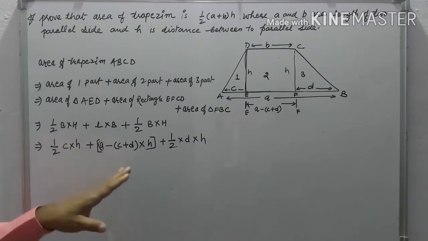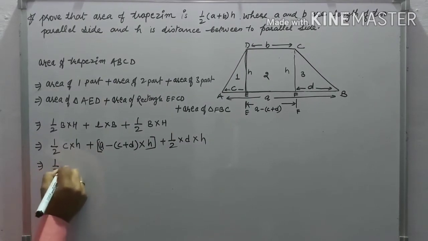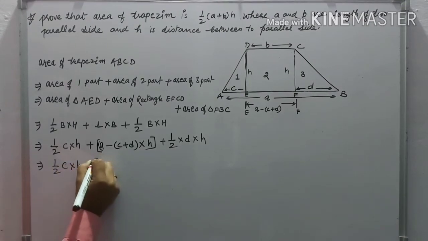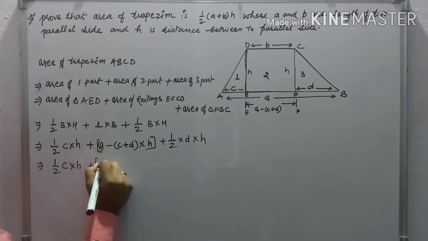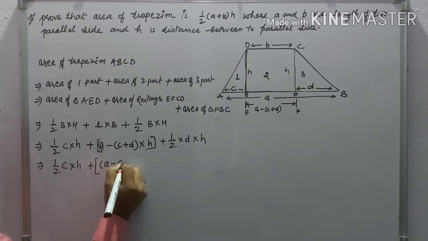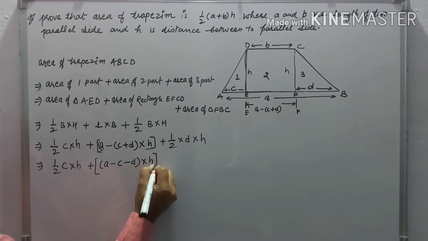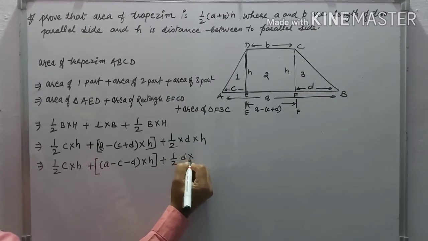Now put the values and solve. Now 1 upon 2 c into h plus, first we open the bracket: (a minus c minus d) into h plus 1 upon 2 d into h.